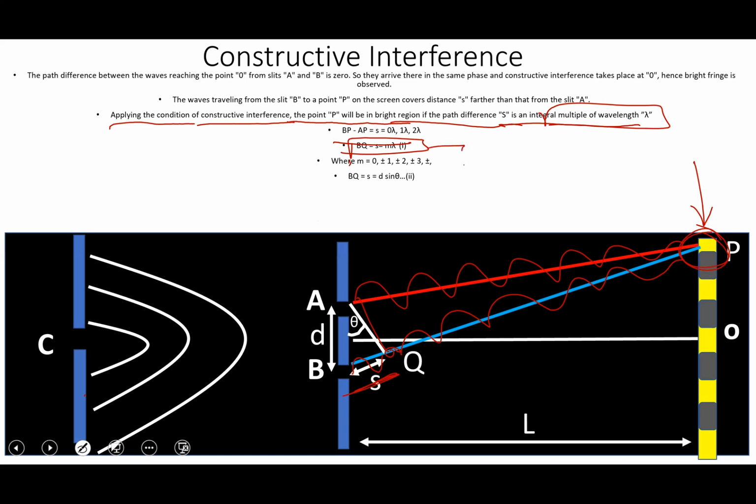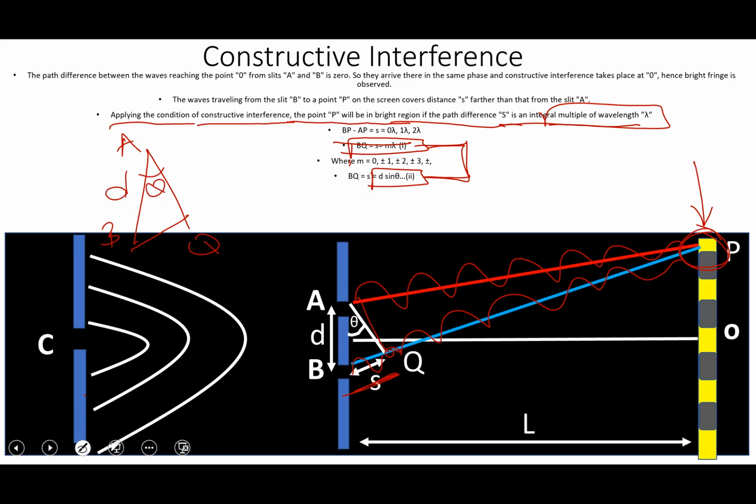Now if we compare equation 1 and equation 2, but first of all, let me explain how this equals d sine theta. So here is the triangular form. Here's point A, this is point B, this is point Q, and this is theta.